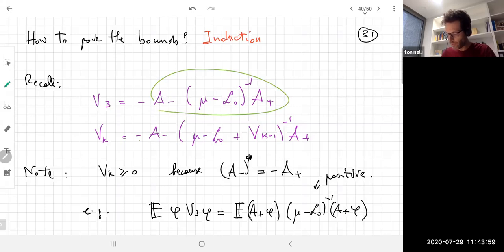Now, the first observation is that all these operators are positive. This is because A minus and A plus are minus the adjoints of one another.